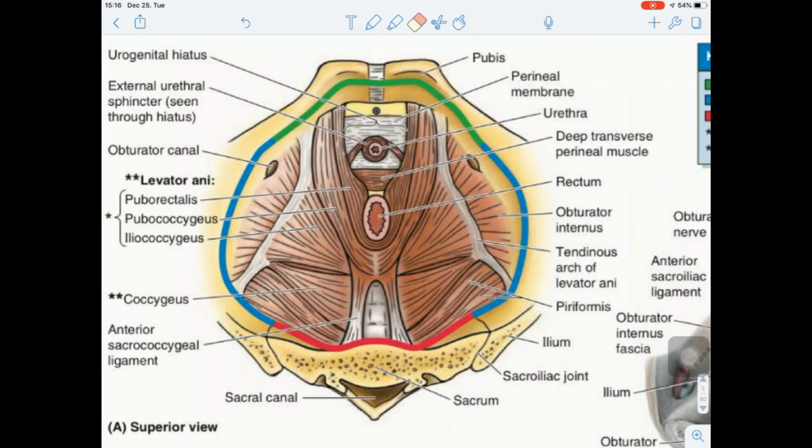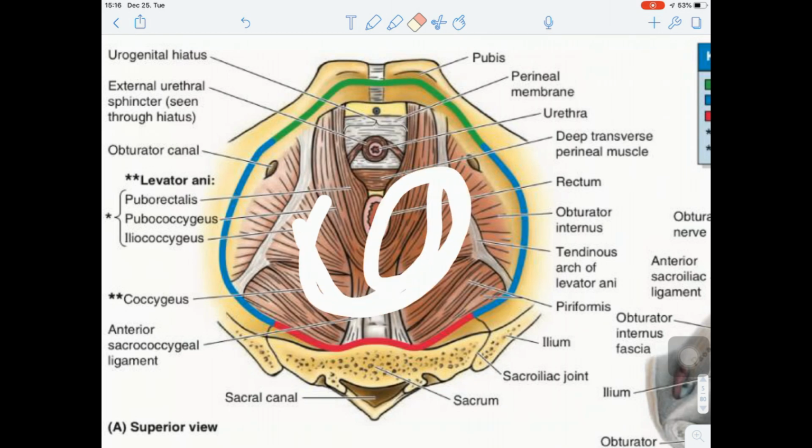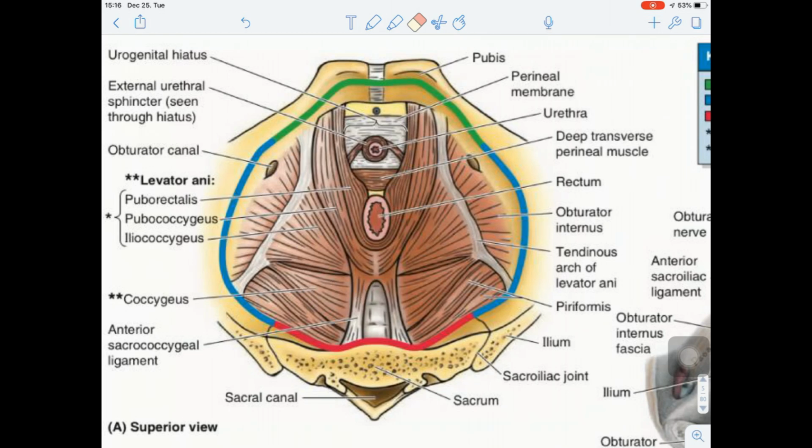The sacrum is being cut from its superior side. Down there you have the coccyx. Here's the sacrum. Here's the ilium or iliac fossae on each side. Pubic symphysis, you can see everything of it. And down there you have the pelvic floor with the rectum passing through it. So this is the superior view.